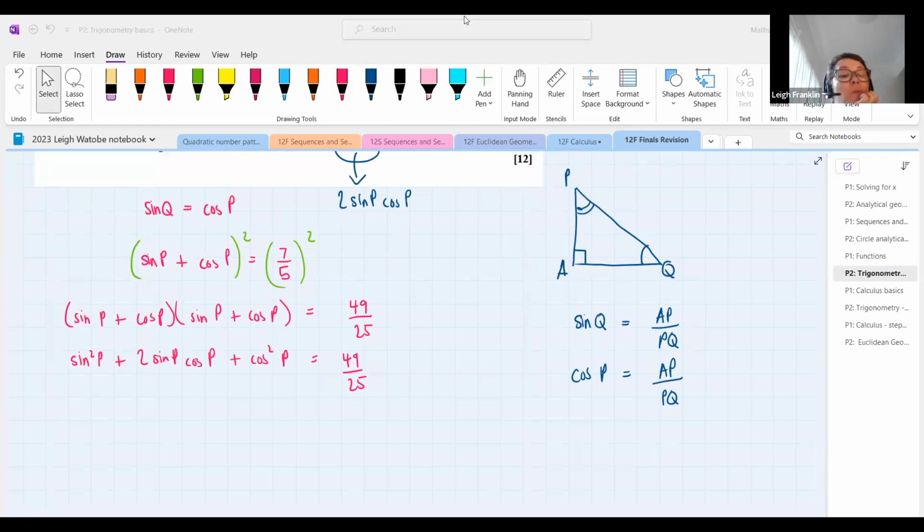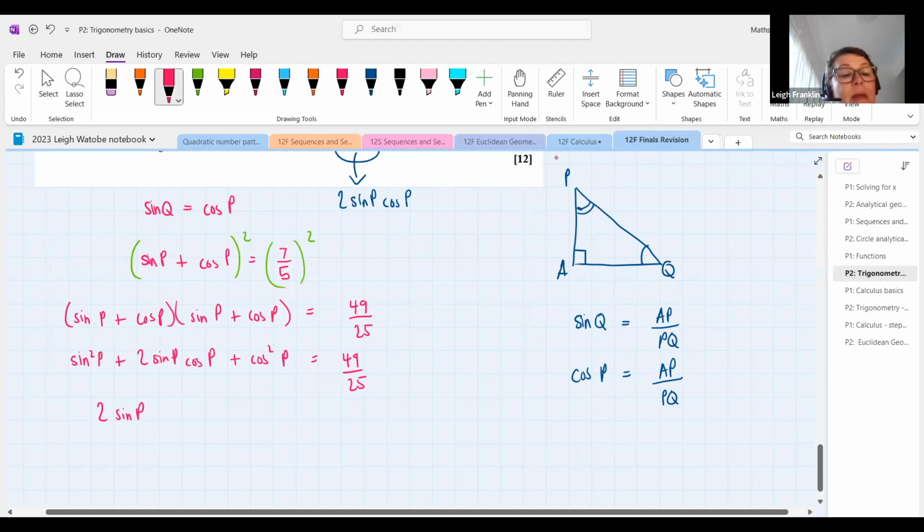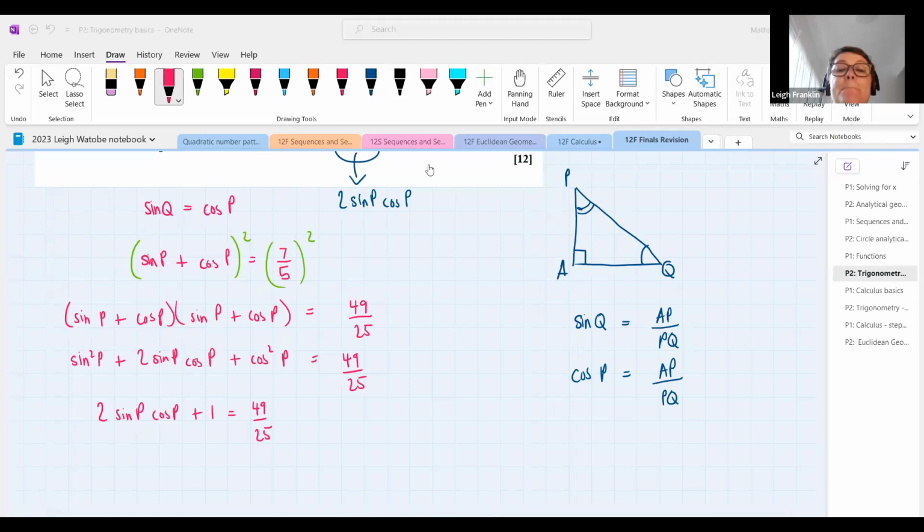Yes. And what is sine squared p plus cos squared p equal to? 1, exactly. So now we've got 2 sine p cos p plus 1 equals 49 over 25. Exactly. So now we can write the 2 sine p cos p as the sine 2p that they wanted.